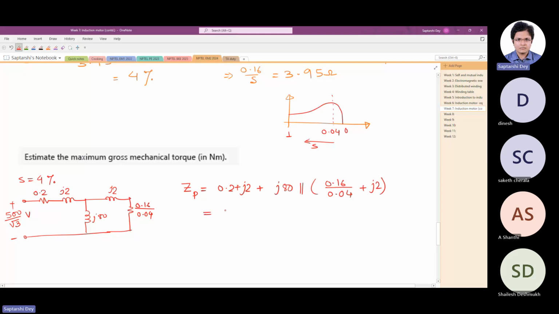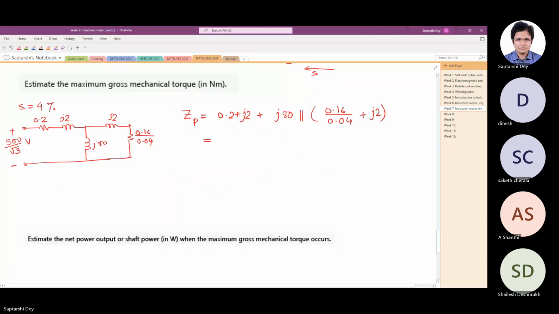You should get a value of 3.95 plus j4.13 ohm, right? So this much is the Z per phase.